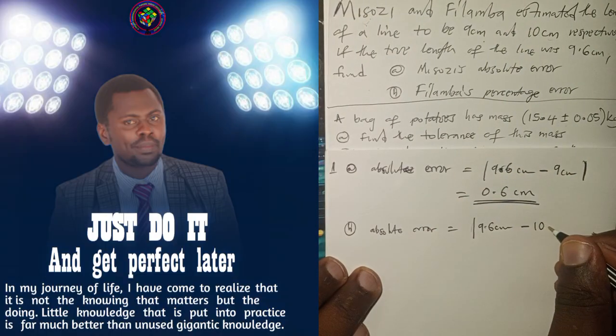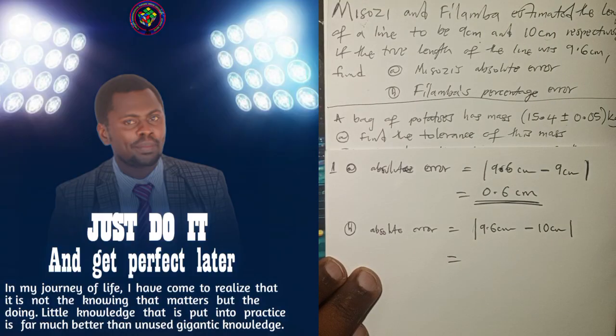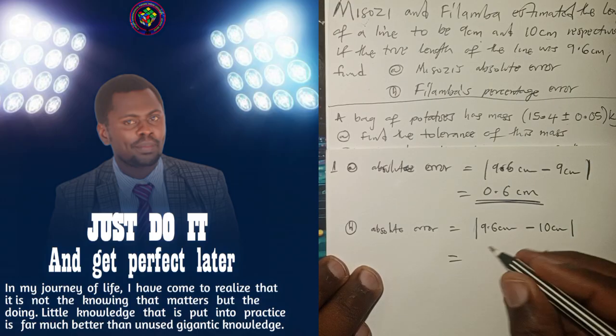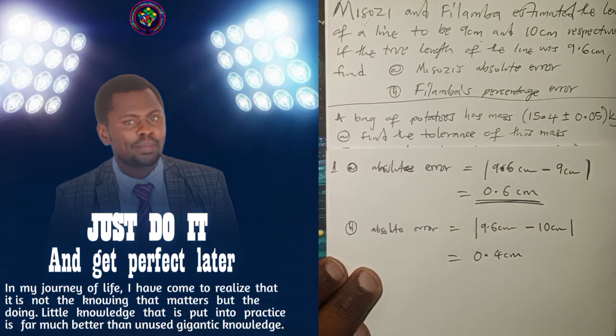If you get the difference there, it will be negative 0.4. Because of the absolute value, you get a positive value, so it will be 0.4 centimeters. That is the absolute error for Filamba.